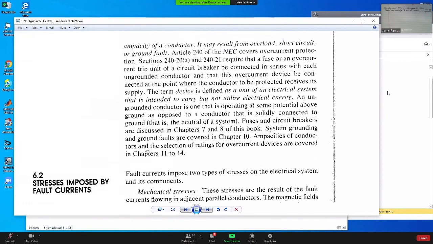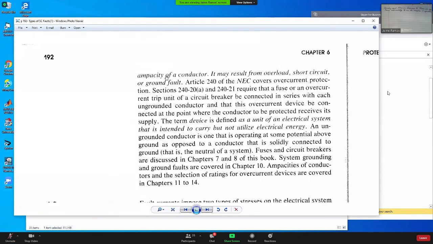The ampacity, and here is a new word, ampacity. What is the ampacity of a conductor? The ampacity of the conductor is the amount of current the conductor can take under normal conditions.